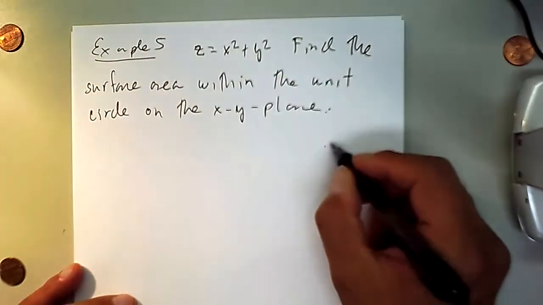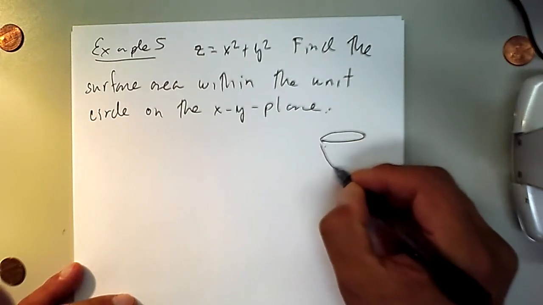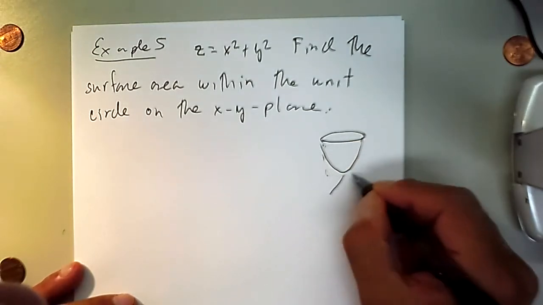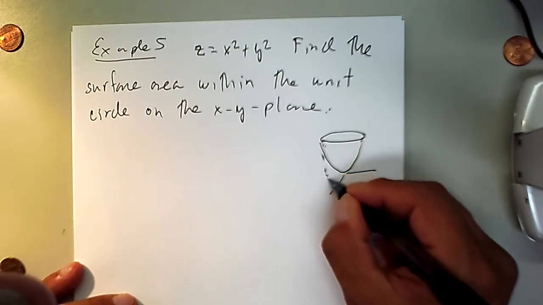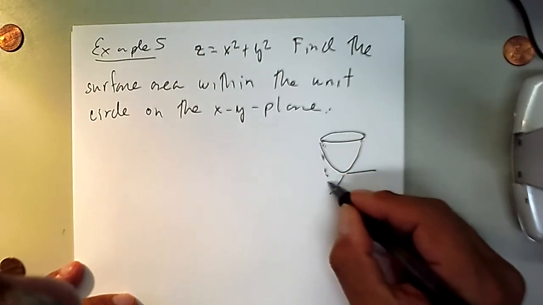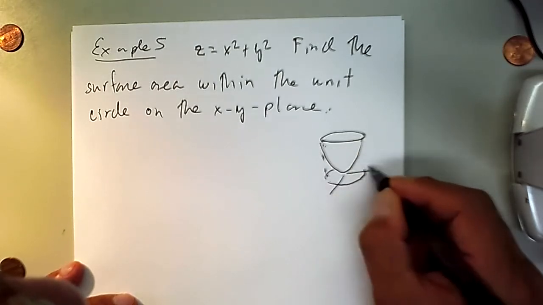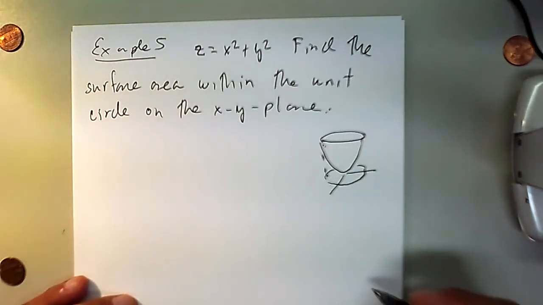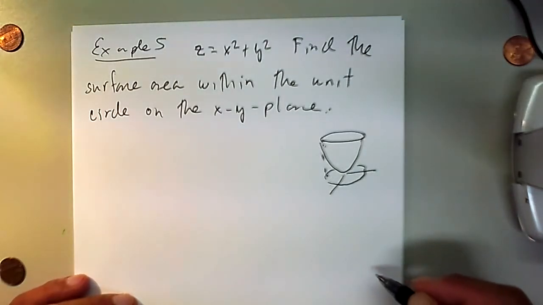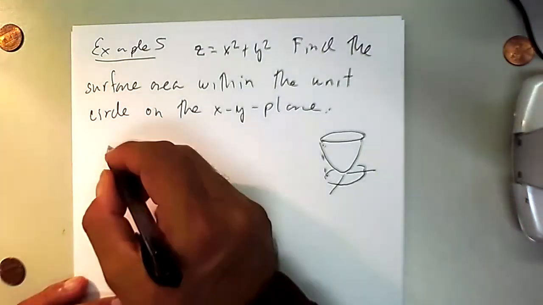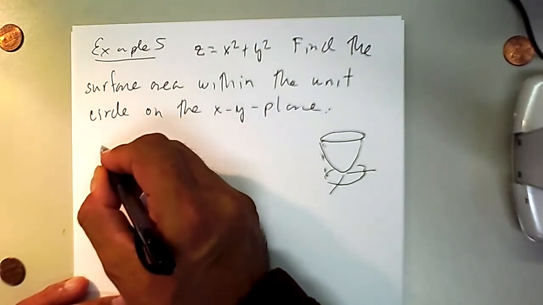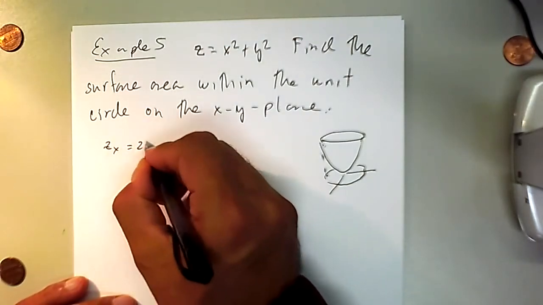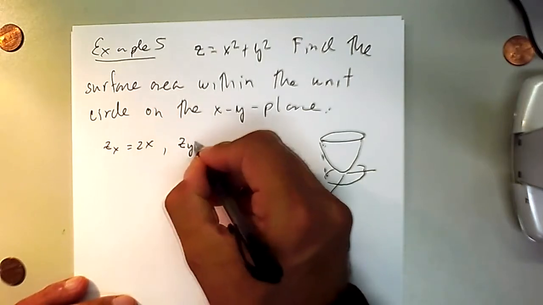So this is a familiar paraboloid. And then within the unit circle on the x and y plane, so we're going to end up with this. Okay. So according to the formula we just showed, what we want to do is find z sub x, which is 2x, and z sub y, which is 2y.